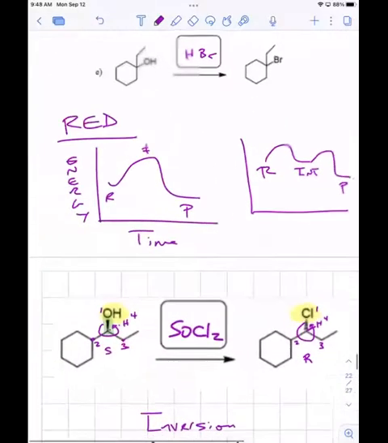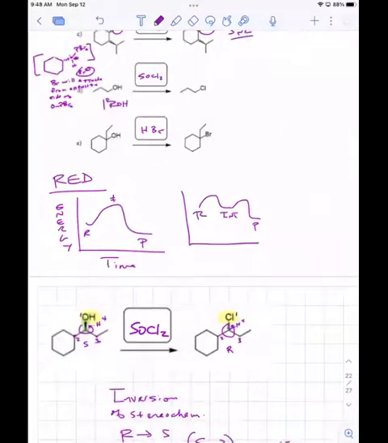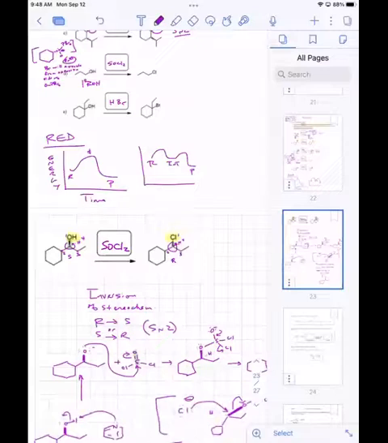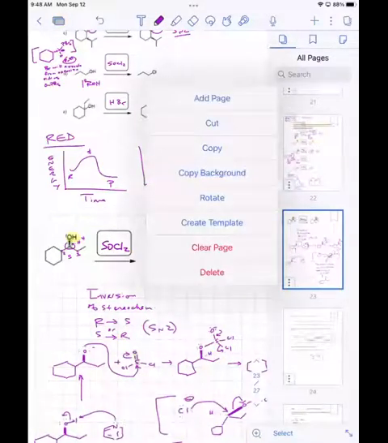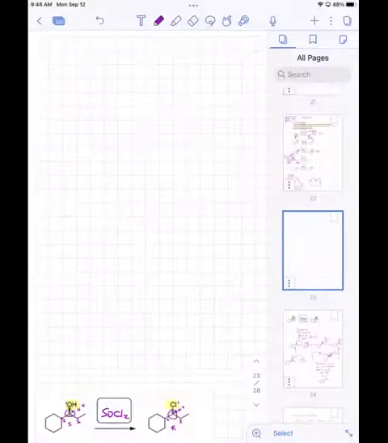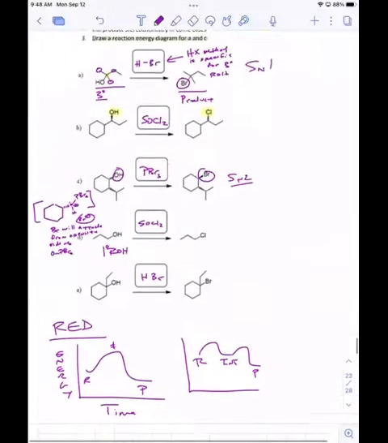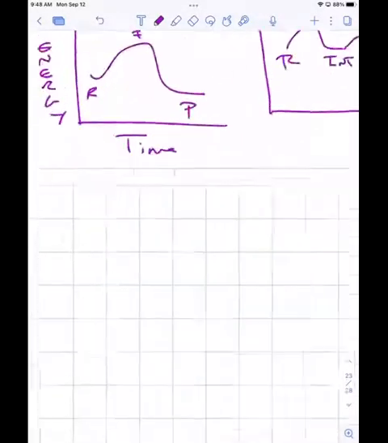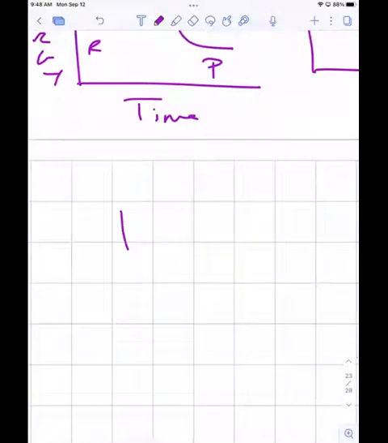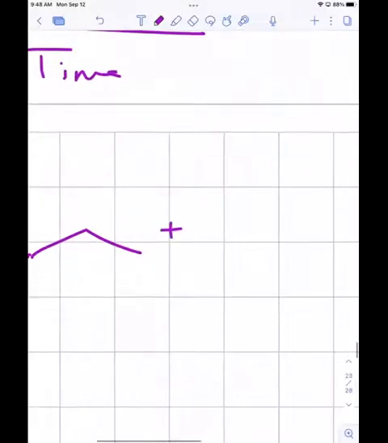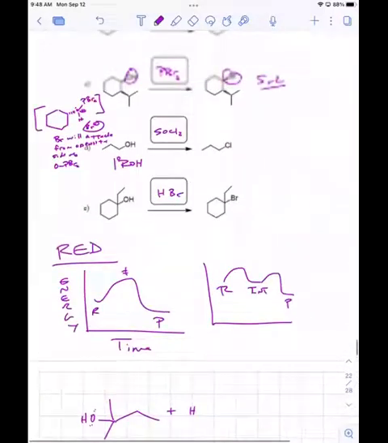So let's take A because we can run through that one pretty quickly. So let's take it. It's OH plus HBr. Is that right?